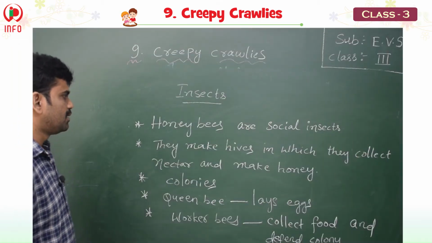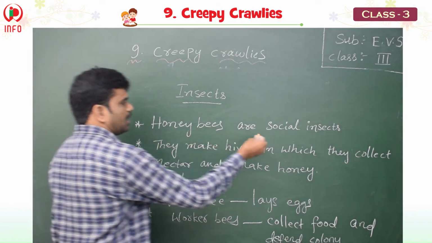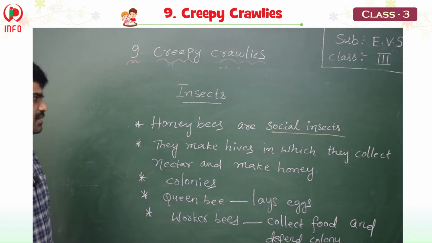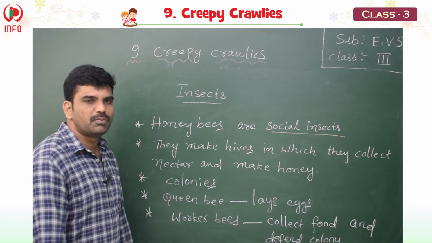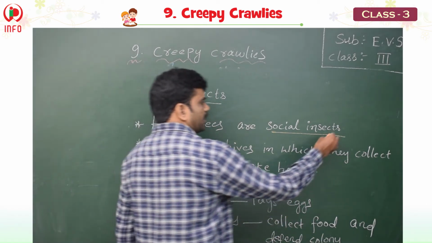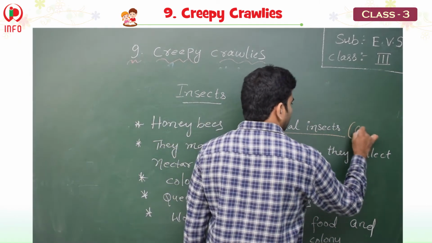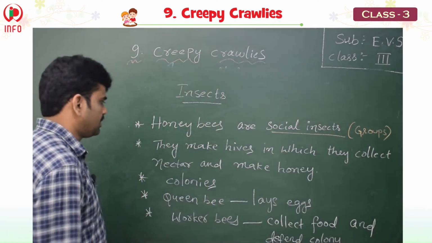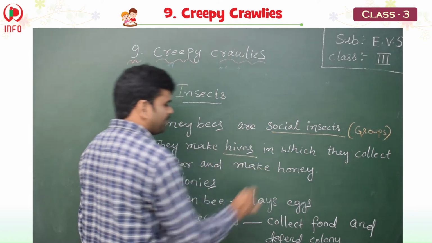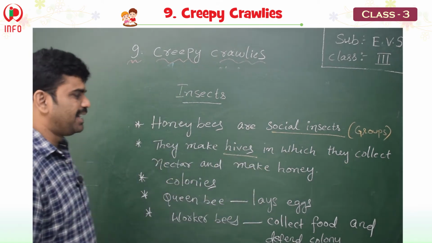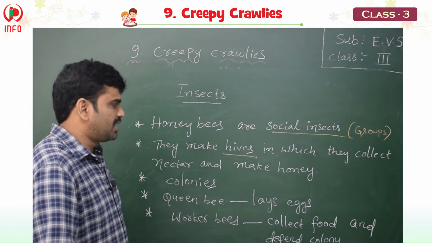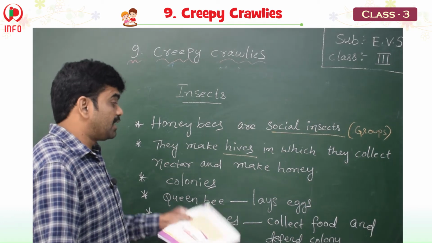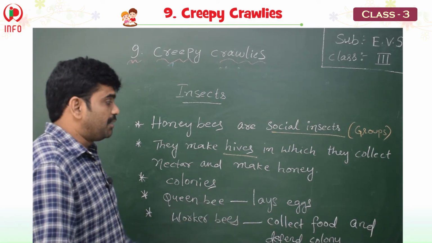Children, let's see about the honeybees. Honeybees are social insects. What do you mean by social insects? Yes, they live together, they live in groups. When they live in groups, they are called social insects. They make hives. Hive means it's a place or a box-like structure in which the honeybees live, collect the nectar and make the honey.